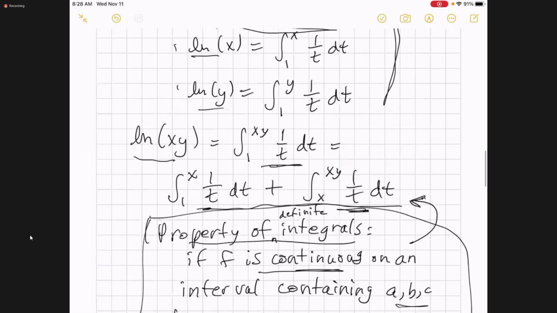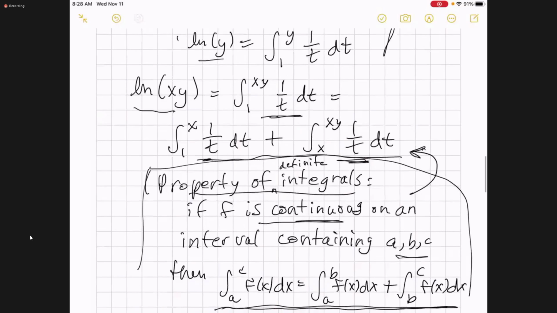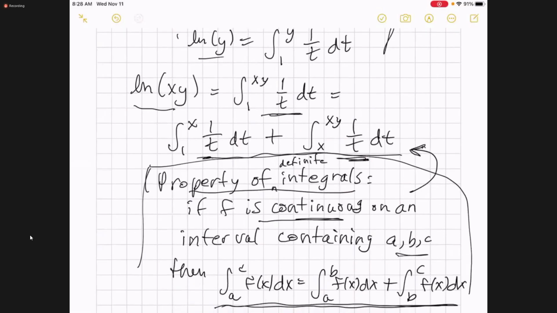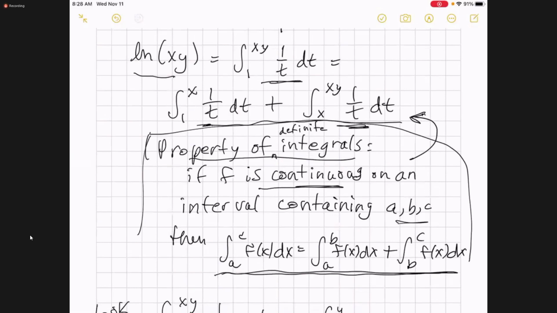That says that if you have a function that's continuous on an interval containing a, b, and c, three numbers, then you can break up the integral from a to c of f into the sum of the integral from a to b of f plus the integral from b to c of f. And that's regardless of the order of a, b, and c.